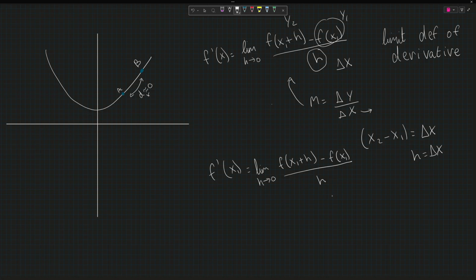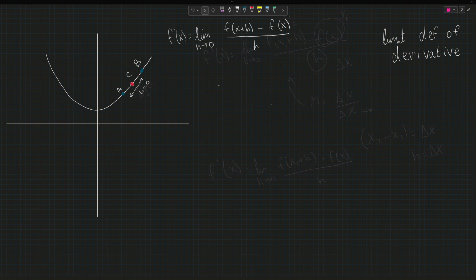So that's why we're taking the limit, because even though at that point it might be undefined, as we get closer and closer to 0, we might actually get a number or some kind of an equation in this scenario, which we'll see. So basically what we can do is use this equation to find the slope of the tangent line at point C, where point A and point B have a distance of 0 in between.